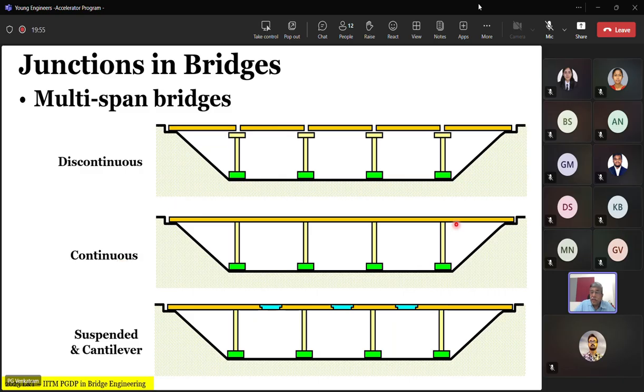Or we can have a continuous deck wherein movement is allowed at the end. Or we can have a suspended span and a cantilever, as you can see here. This kind of arrangement is not very common nowadays, but in the past it used to be a fairly common feature in long span structures.